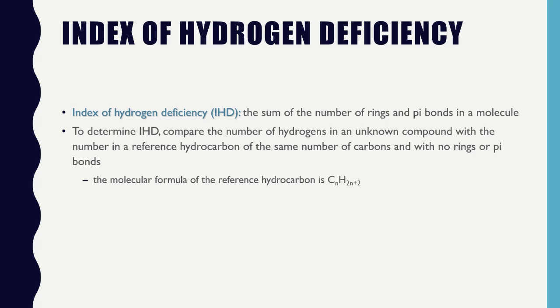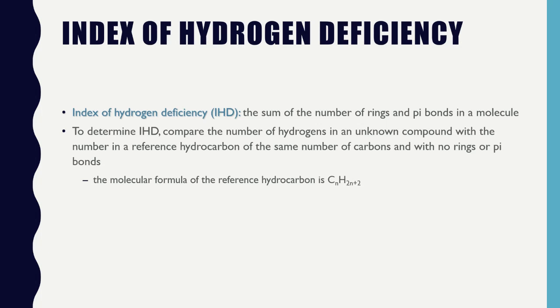And what that allows us to do is, if we're given a formula, we'll make a comparison to the corresponding alkane, and we can make predictions on how many double bonds, triple bonds, or rings that it may have. And that will allow us to rapidly draw different possible isomers. And this is the reason why I want you guys to understand IHD first, and then we'll start doing isomer drawing practice, because this is going to help you out.